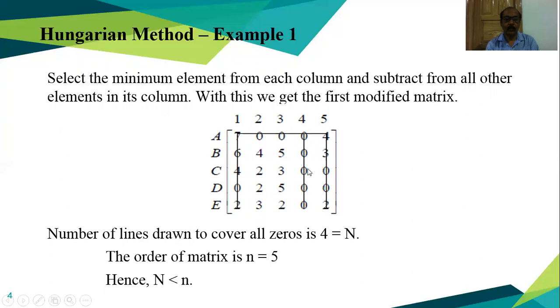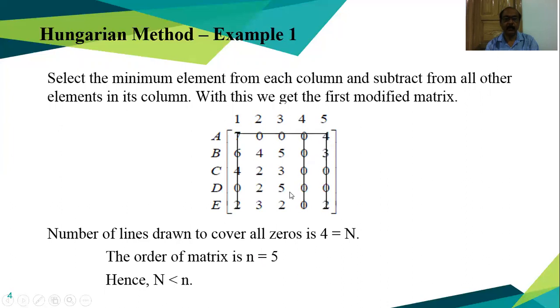How to overcome it? From the uncovered elements, we have to find the least element, subtract it from the uncovered elements, and add it to the intersection of the horizontal and vertical lines.